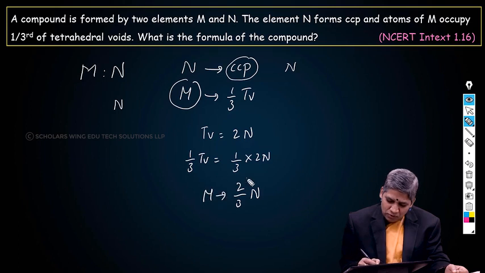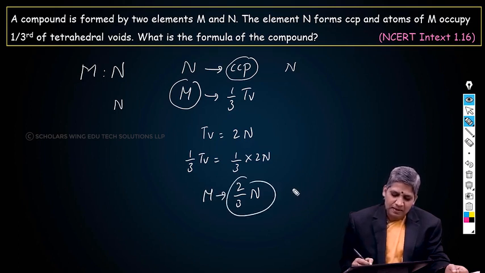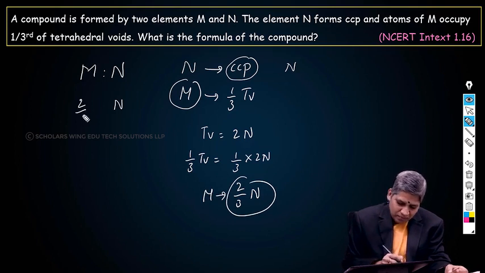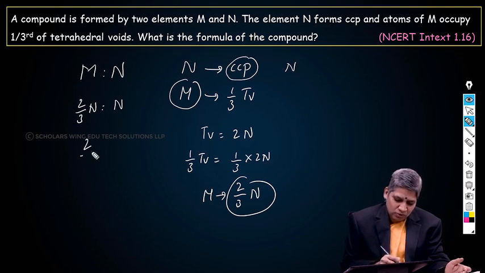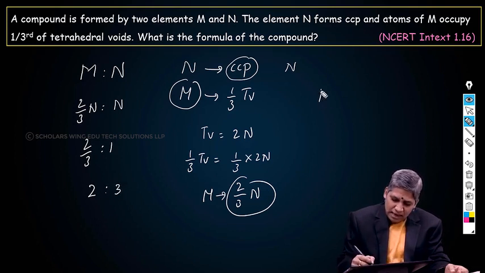Therefore M is 2 by 3 here. Take the ratio. N gets cancelled. So it is 2 by 3 is to 1, which is nothing but 2 is to 3. Correct? Therefore, the formula is M2N3.